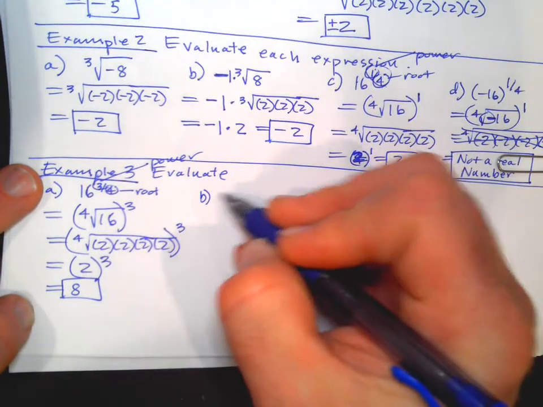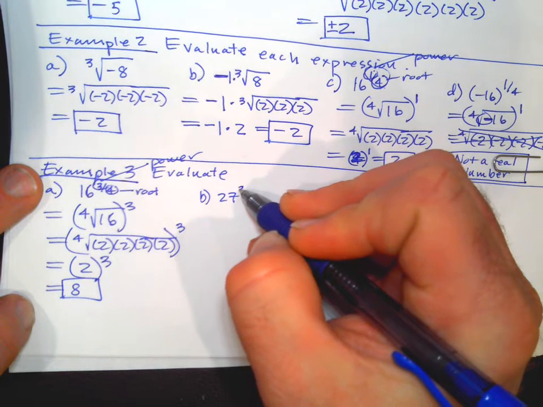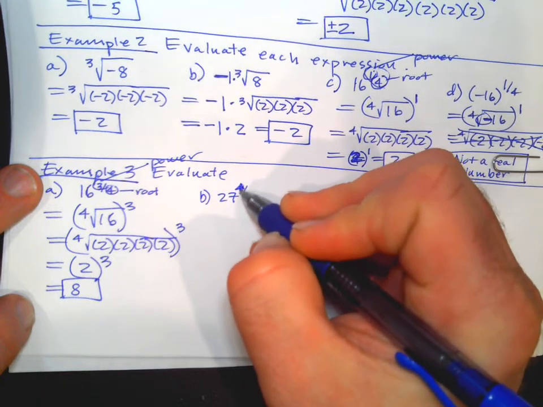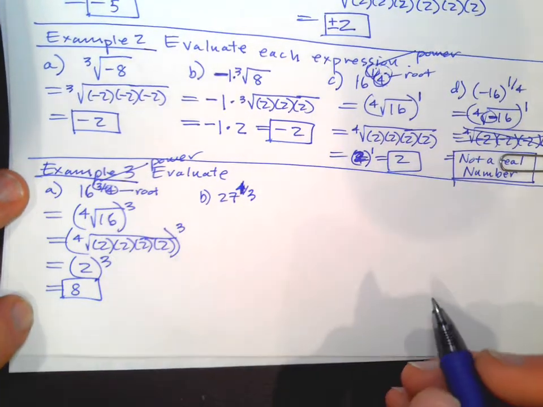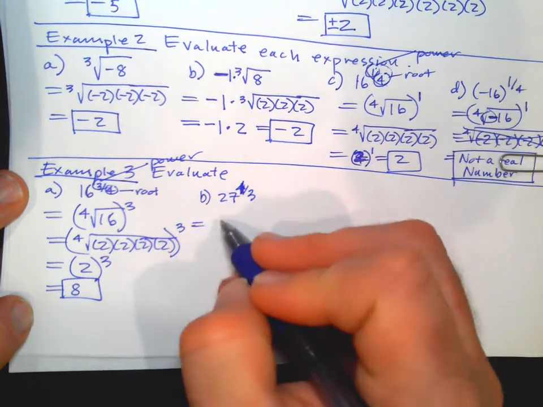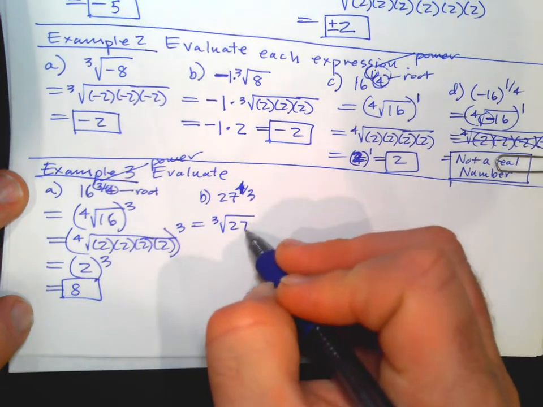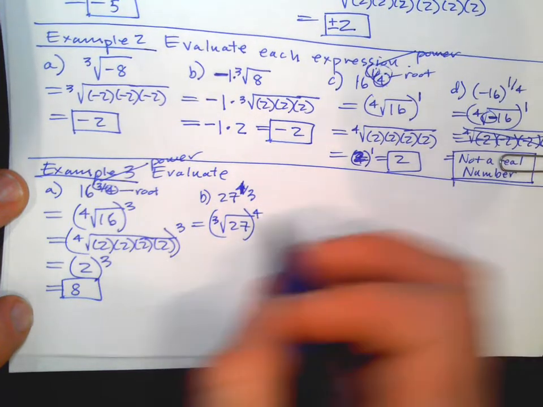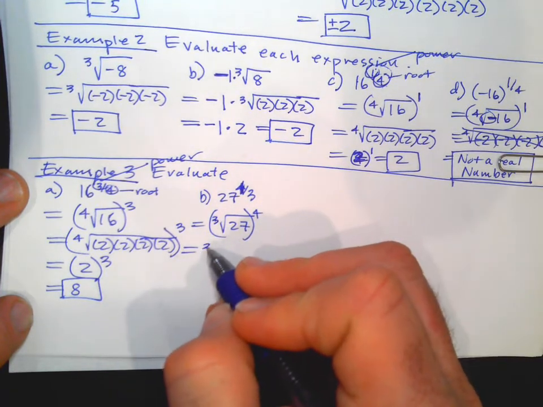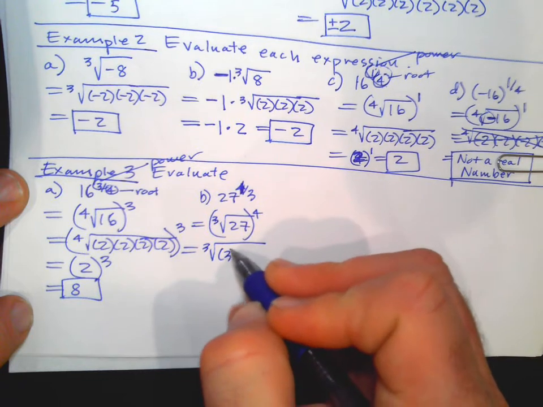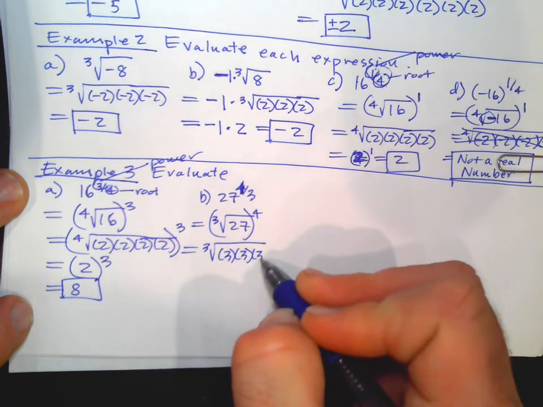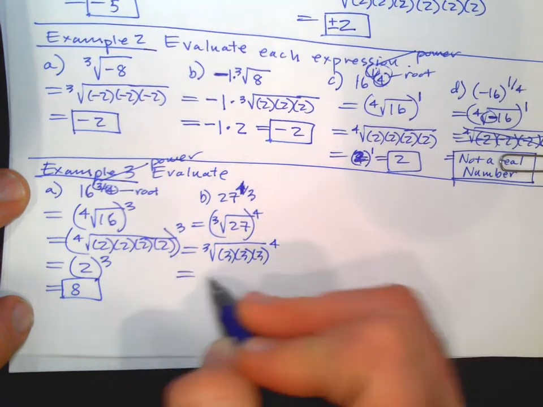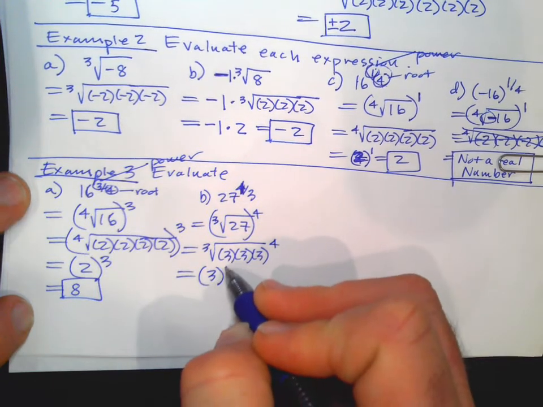Okay, B, 27 to the 4/3. So this is going to be the cube root of 27. The denominator is the root, and then we're going to raise to the 4th power afterwards. So what do you multiply times itself? It's going to be 3 times 3 times 3. So that's going to be 3 to the 4th power.